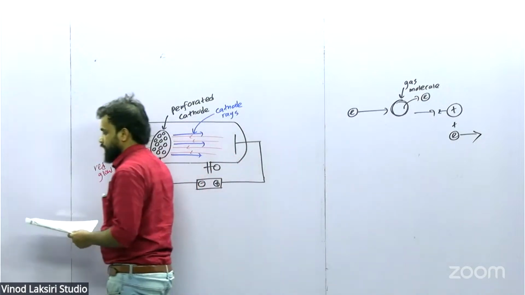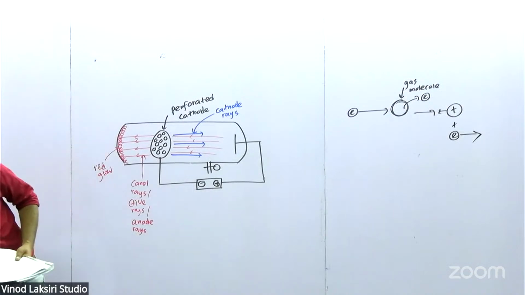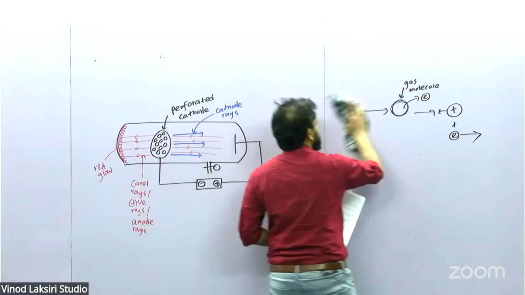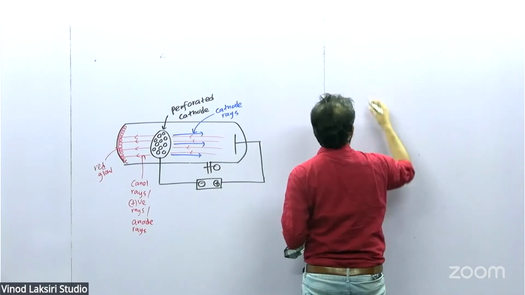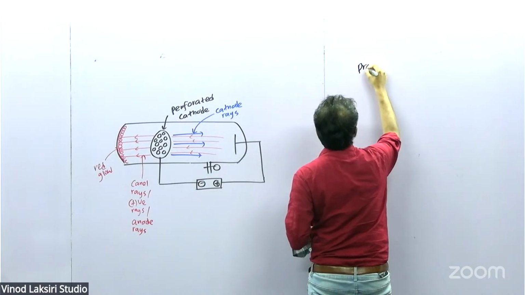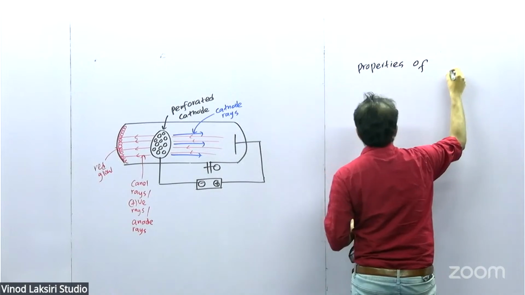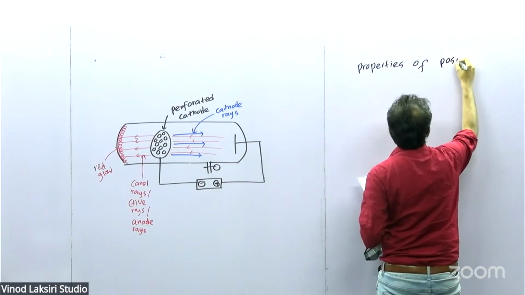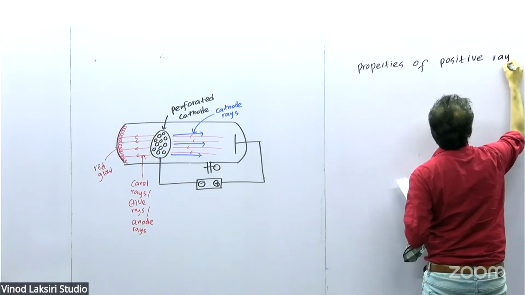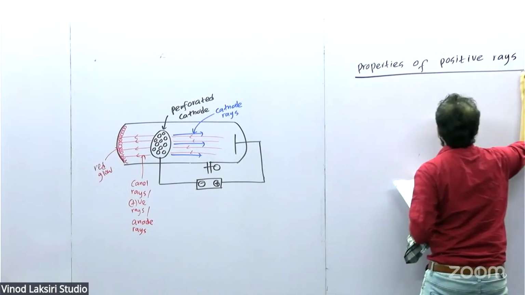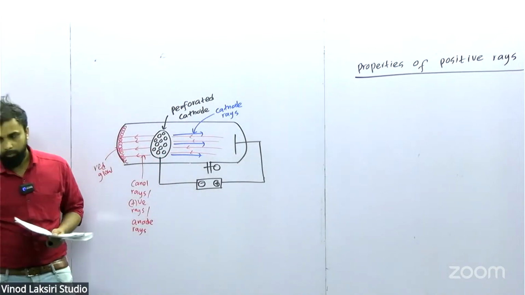Right. Then write down as a subtopic: properties of canal rays, otherwise properties of positive rays.